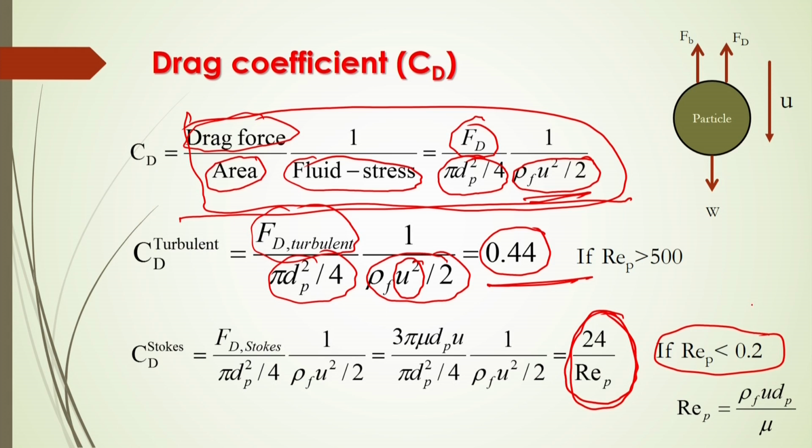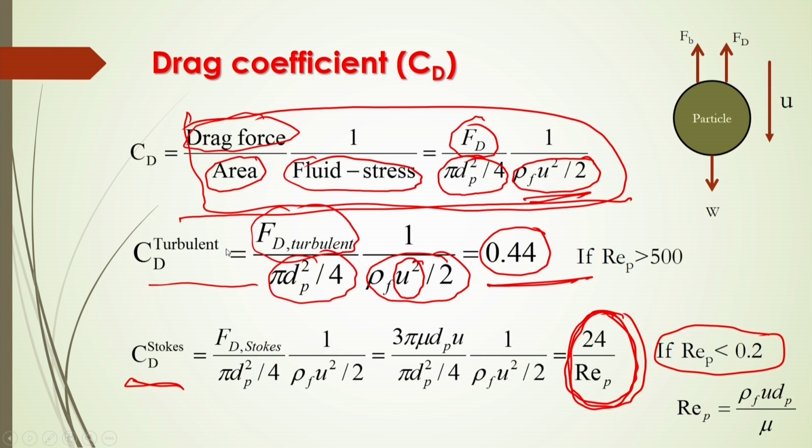It will not remain constant within this range of Reynolds number, that is less than 0.2, say 0.1 or 0.001. In that region, if the Reynolds number decreases, CD will increase, that means the drag coefficient is inversely proportional to the Reynolds number. So, by this equation you can calculate the drag coefficient in the Stokes condition and also in the turbulent condition.